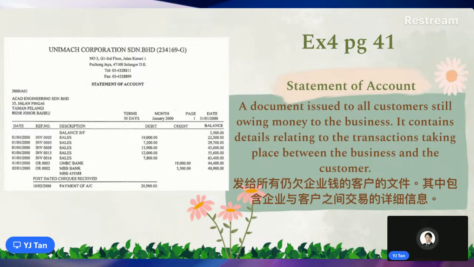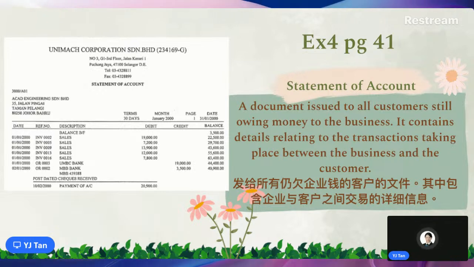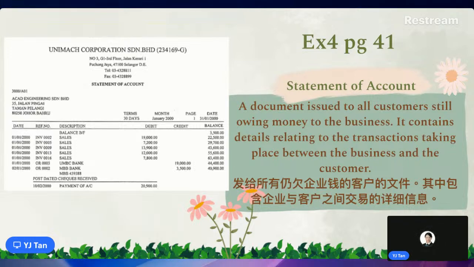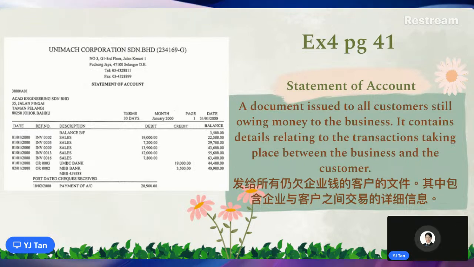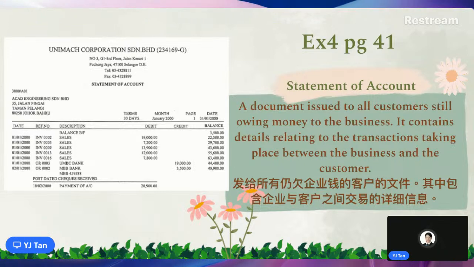In other words, from the date before this document, it means ACAD already owes Unimatch a certain amount, which is 3,500. So ACAD by right has to pay off the money still owed to Unimatch, which is 3,500 at the start of this document.